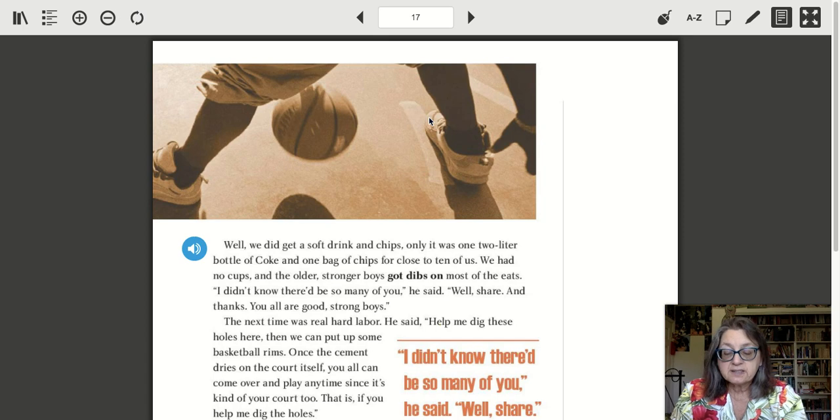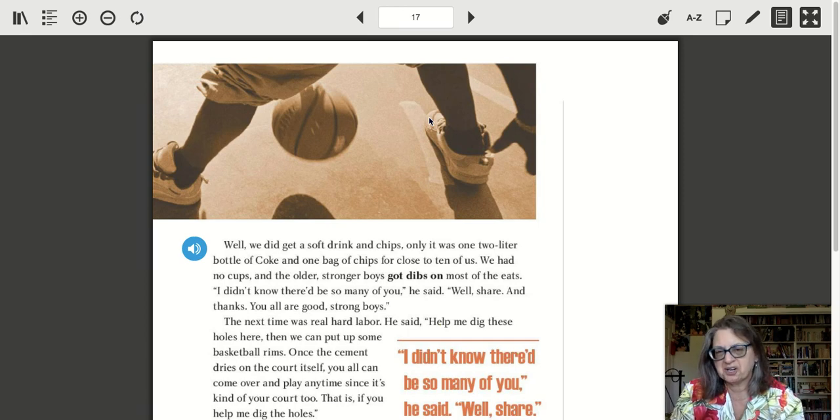Well, we did get a soft drink and chips, only it was a 2-liter bottle of Coke and 1 bag of chips for the 10 of us. We had no cups, and the older, stronger boys got dibs on most of the eats. "I didn't know there'd be so many of you," he said.